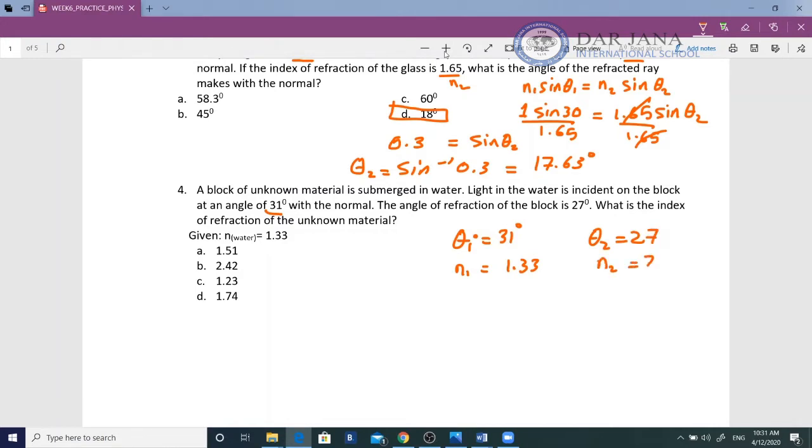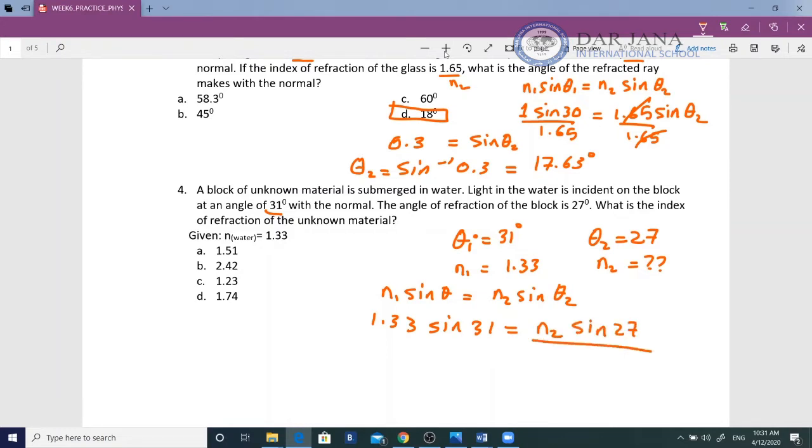This is also a simple and direct question. So N1 sine theta 1, Snell's law, equal N2 sine theta 2: 1.33, we are going from water, sine 31 equal N2, which is unknown, sine 27.